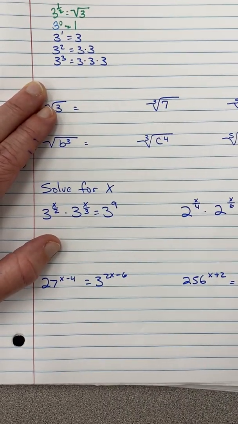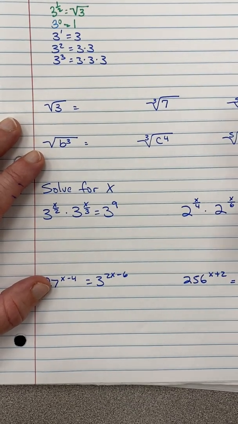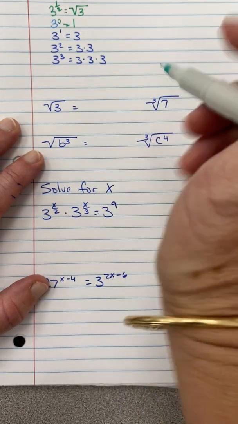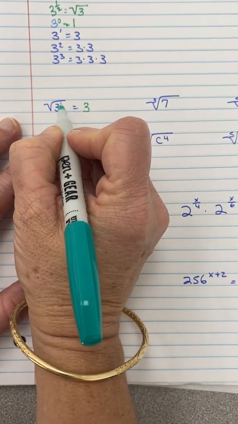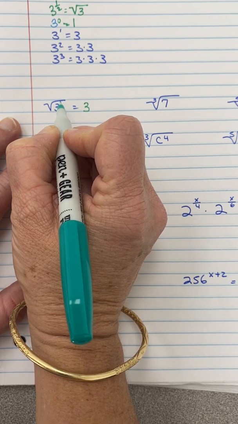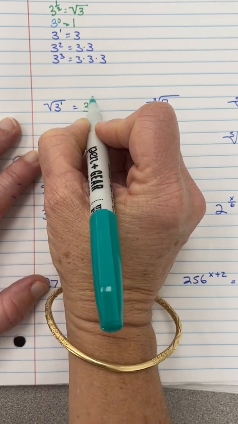The easiest way to think about this, or the trick to it, is that the number underneath a radical is my base. If there's an exponent, which is a 1 if you don't see one, that is the numerator of the fraction.